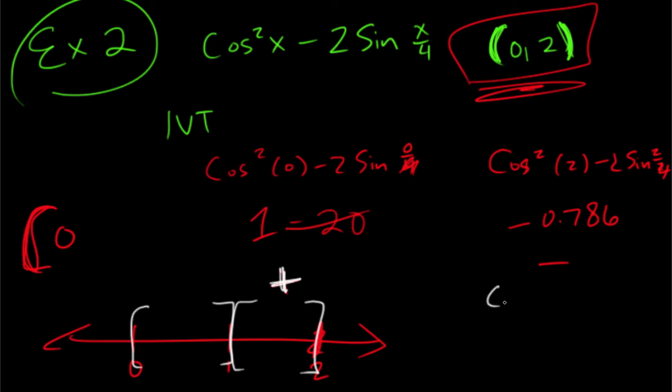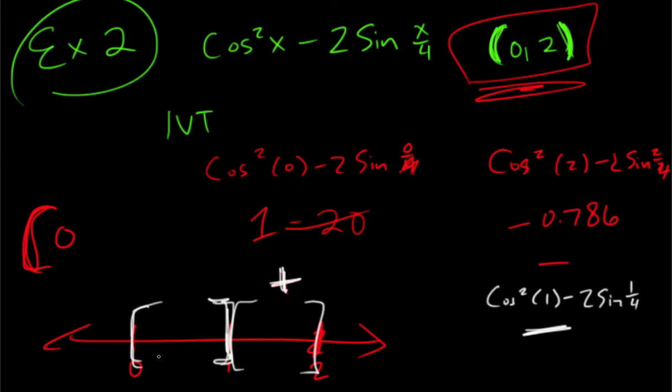Now if we plug in a 1, if we do cosine squared 1 minus 2 sine 1 over 4, if we plug that into a calculator, we see that this is also negative. So now we know that we're in this section.